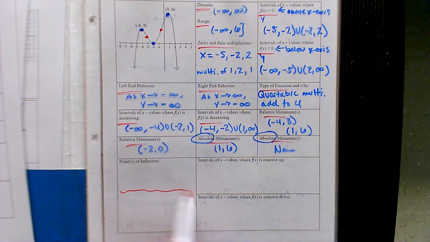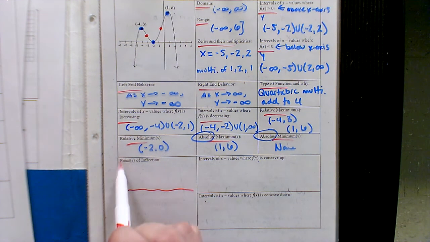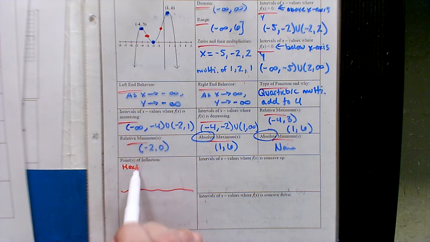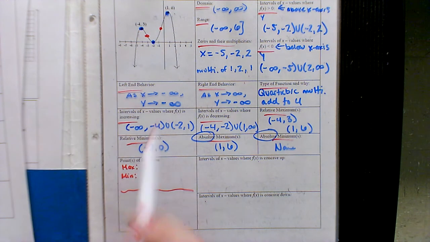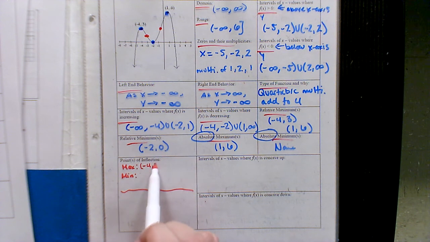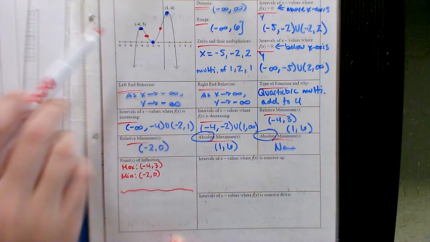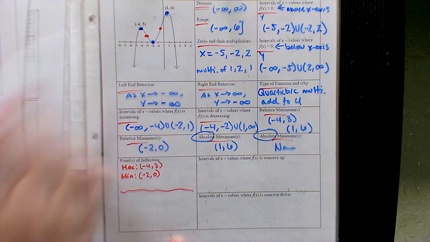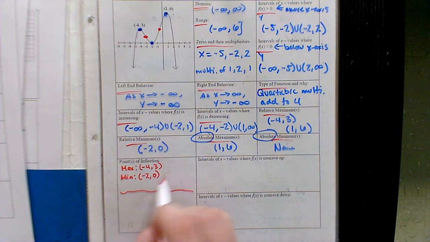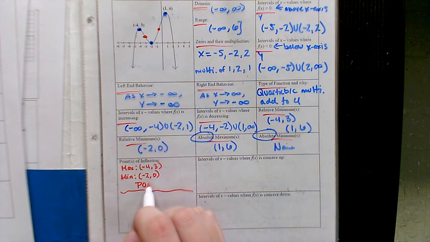So maybe we'll divide this into 2 spots. Let's take a look at the first one on the left. The max and the min for that spot are (-4, 3) and (-2, 0). So the point of inflection is in between those.